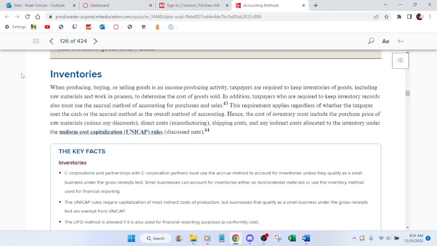The cost of inventory must include the purchase price of raw materials minus discounts, direct costs, manufacturing, the shipping costs, and any indirect costs allocated to the inventory under the Uniform Cost Capitalization rules. That's fine.